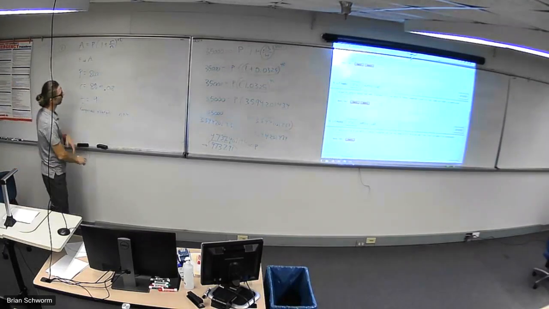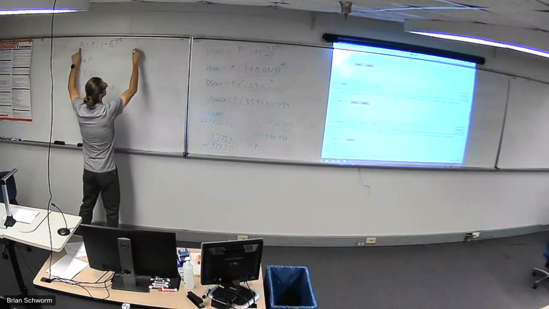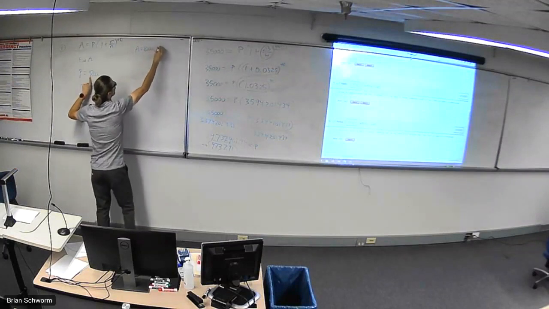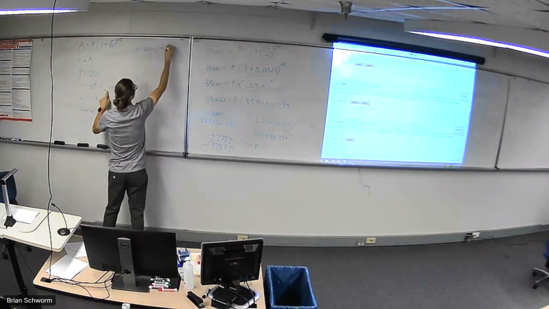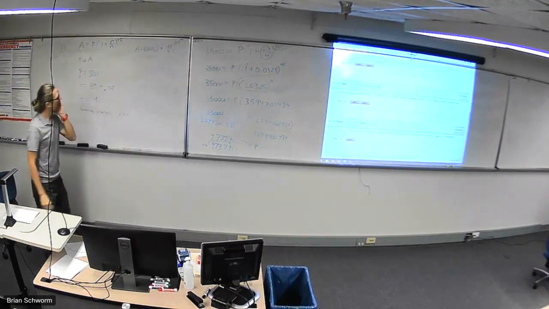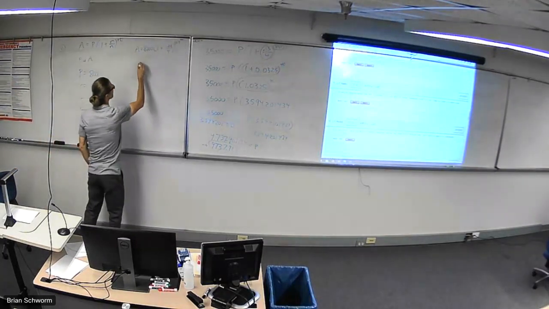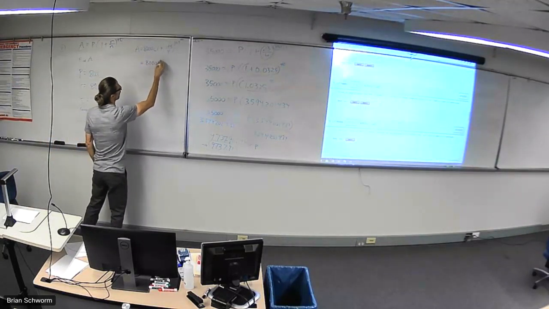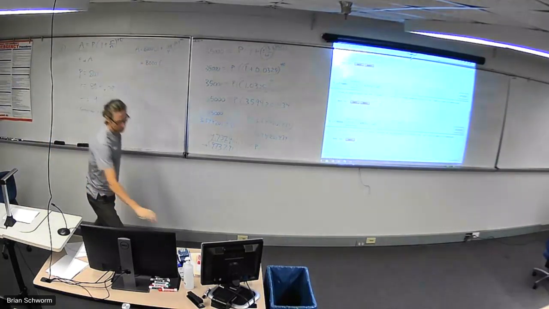Anyway, if I take these numbers and plug them in, A equals 8,000 times 1 plus 0.08 over 4, to the 4 times 9. I'll do this one just a little bit quicker since I'm about out of time.